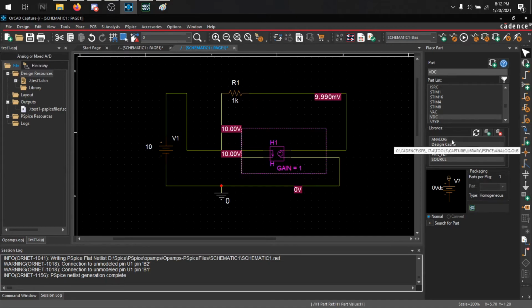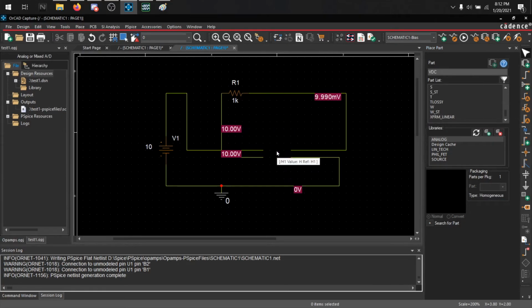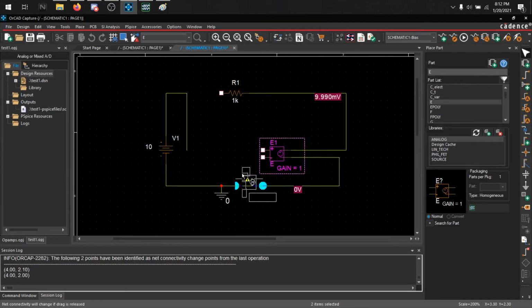Let me change this. Let me get rid of these. All right. Here we go. This is a voltage controlled voltage source.